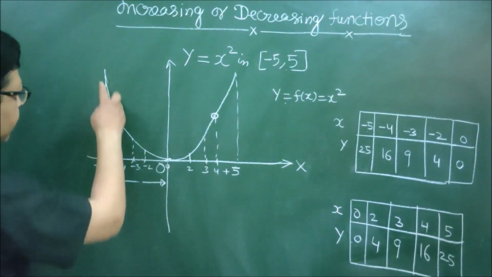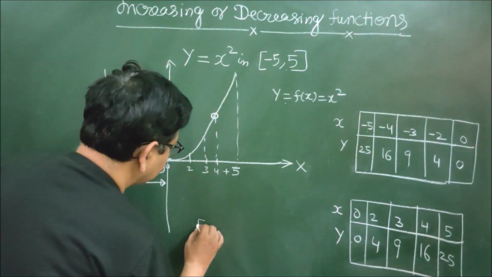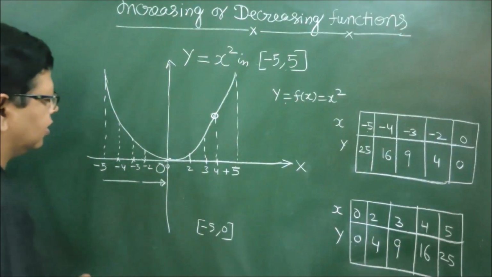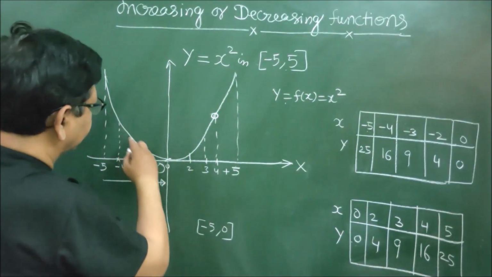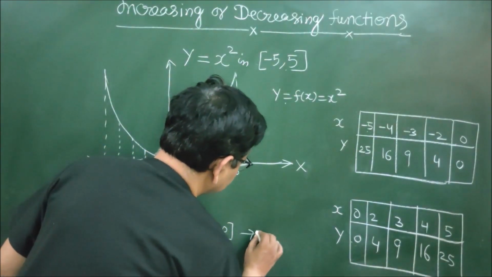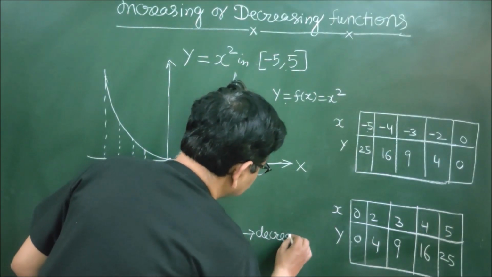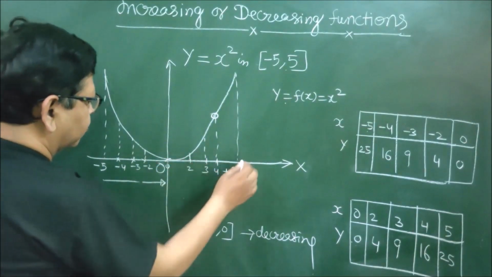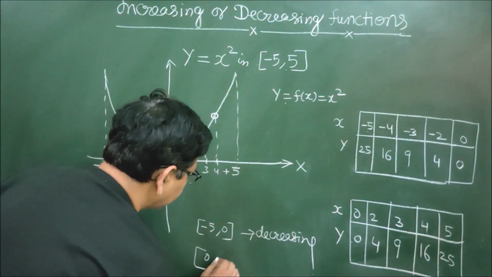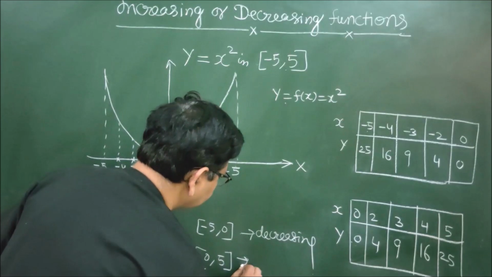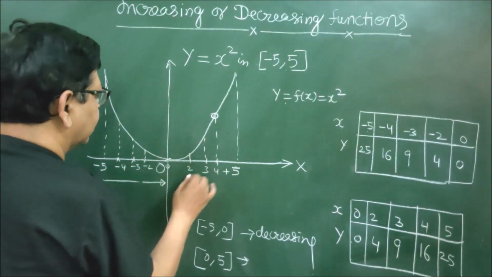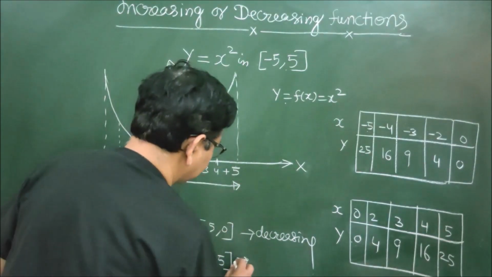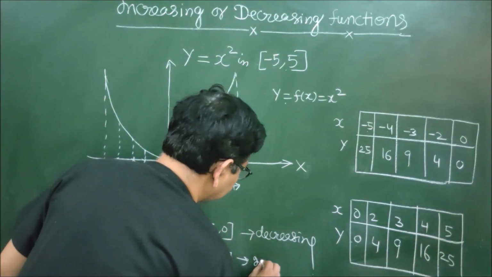So we can say that in the interval -5 to 0, this function is decreasing. And on the right side, from 0 to 5, we observe that the value of y goes on increasing. When we increase the value of x, the value of y increases. So the function is increasing.